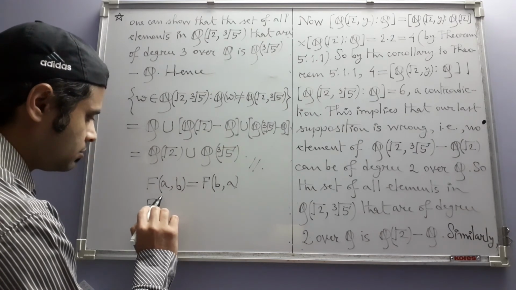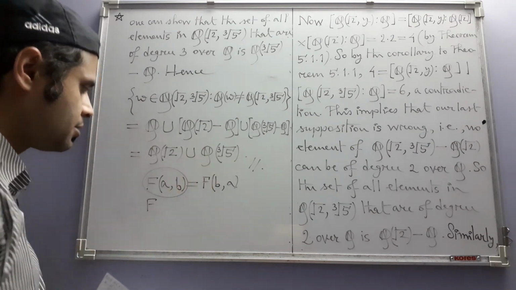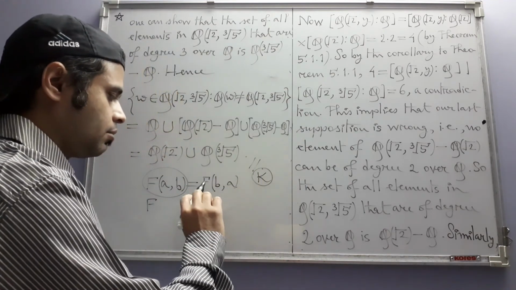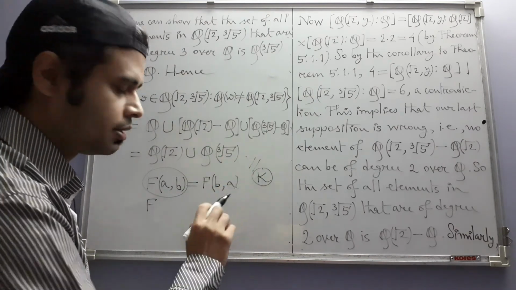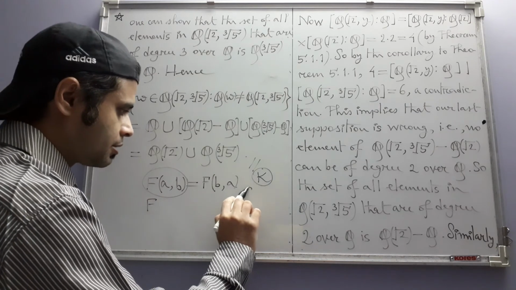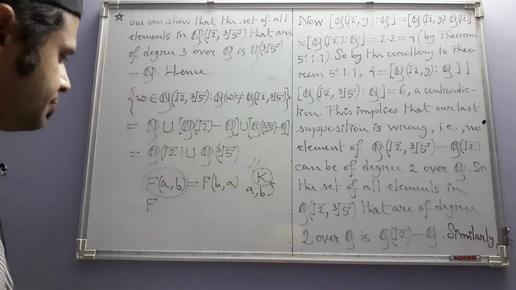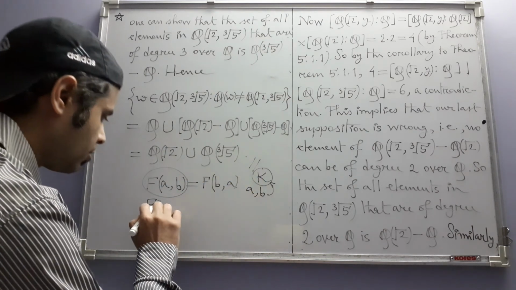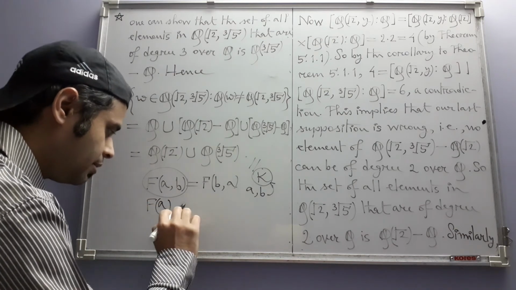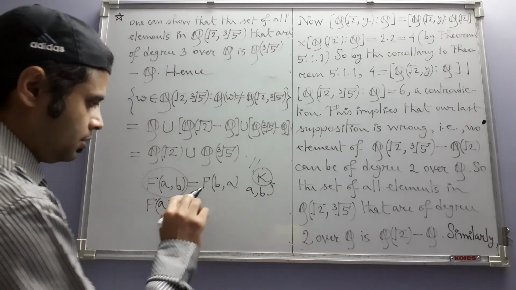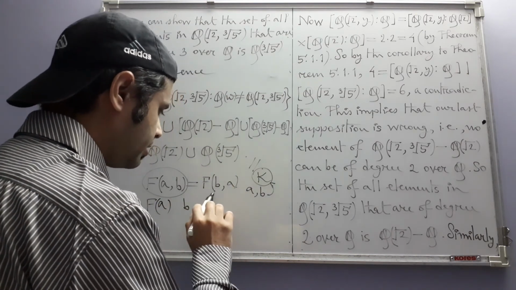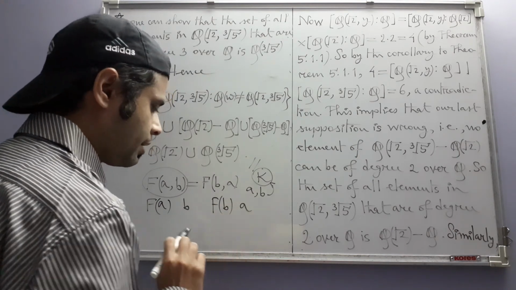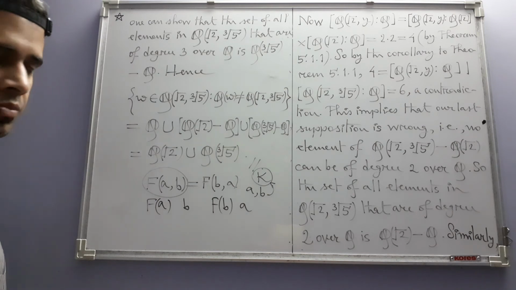By definition, this is the smallest subfield of whatever extension we have of F, say that extension is K. A and B are supposed elements in K. By definition, this is the smallest subfield of K containing both F, A and B. On the other hand, by definition, this is the smallest subfield of K containing both F, B and A, and it's not immediate that they should be equal. We have to prove it.